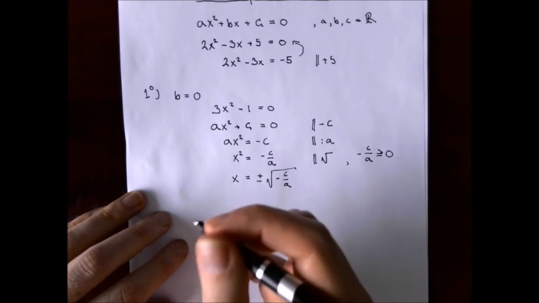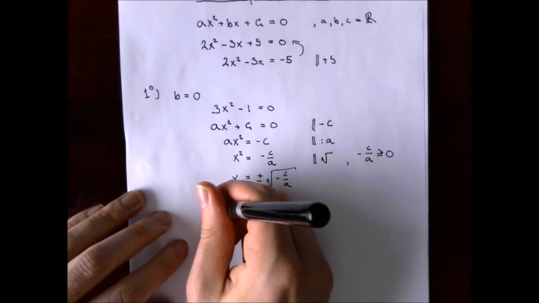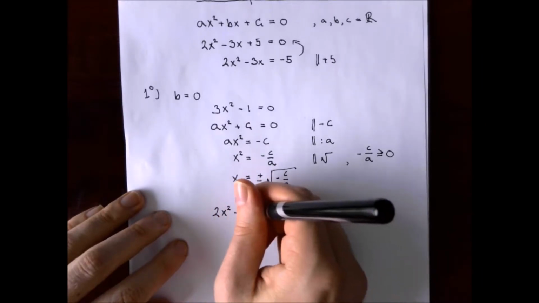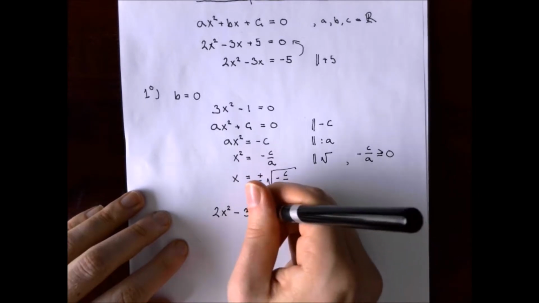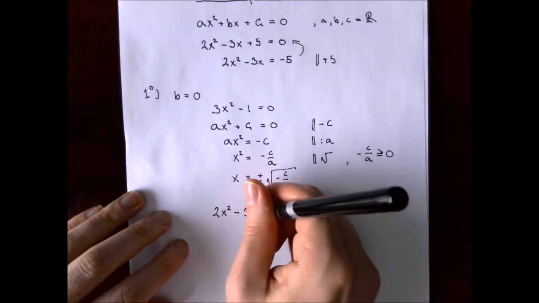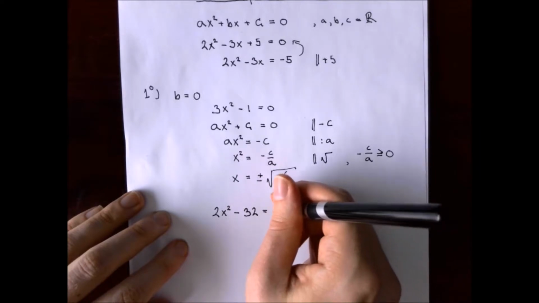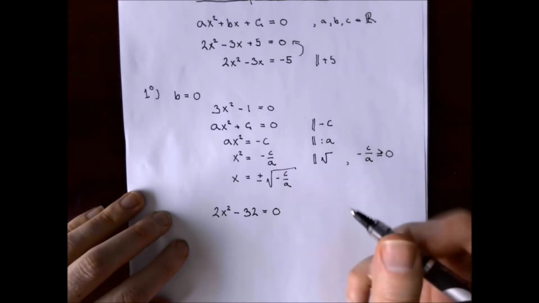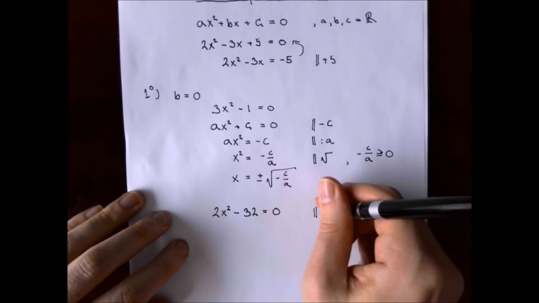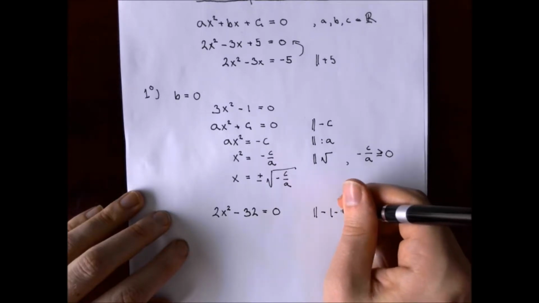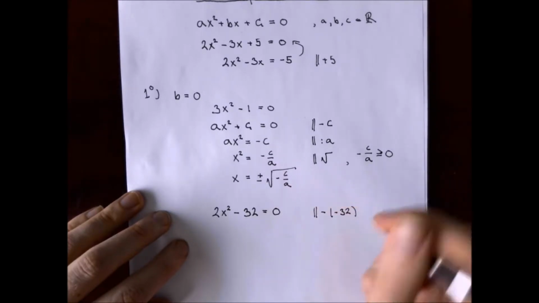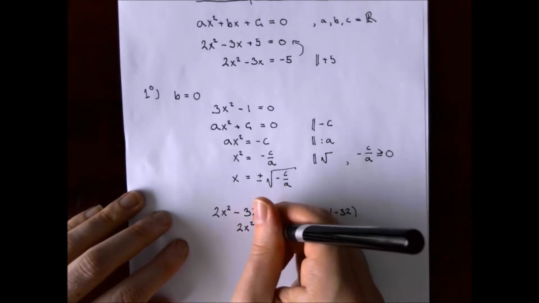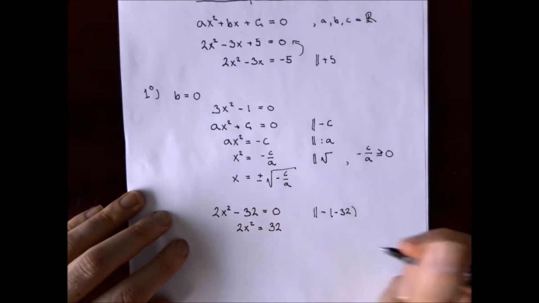As an example, we could take 2x squared minus 32 is 0. So what we do, we subtract c from both sides, so minus 32. We end up with 2x squared is 32.